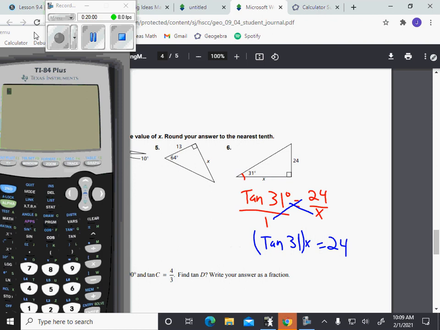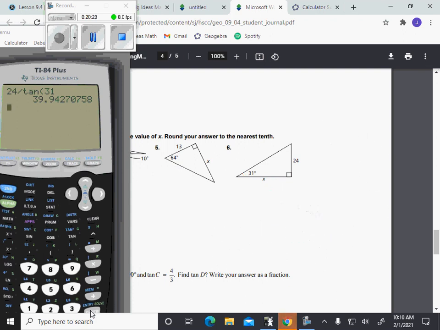I have to divide 24 by the tangent of 31. That's going to equal 39.9. So x is roughly 39.9. Okay.